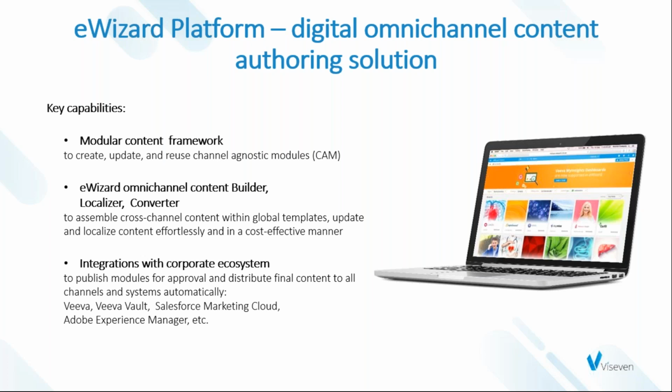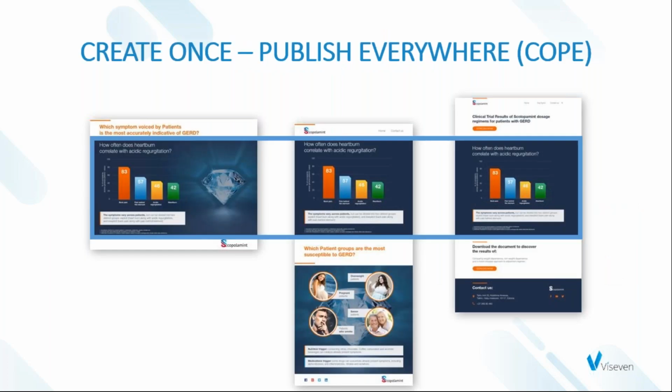And now let's take a closer look at the modular approach and see how it works in practice. Our multi-channel content authoring solution, the eWizard platform, supports the create once, publish everywhere approach. It means that once you create and approve content, you can use it everywhere, from e-detailing to the website.